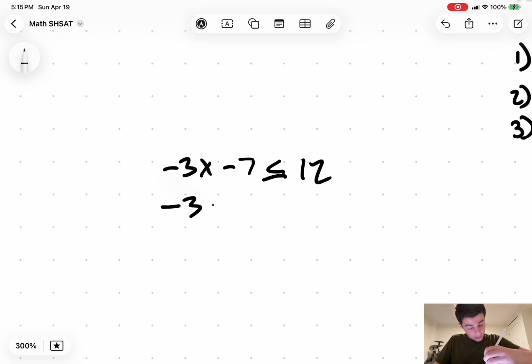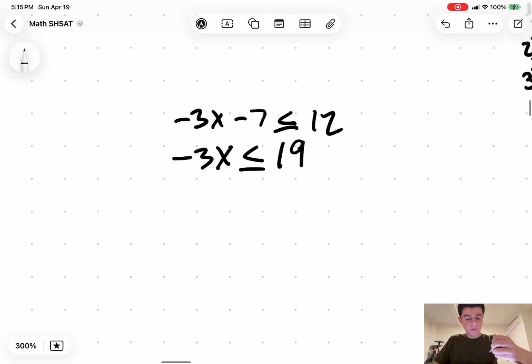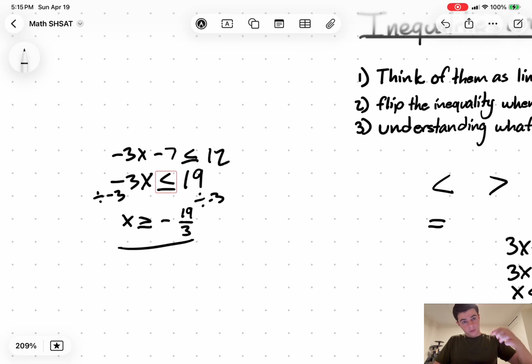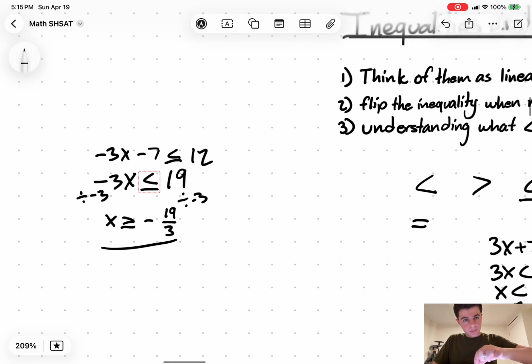We get negative 3x is less than or equal to 19. And now we're going to divide both sides by negative 3. So now we're going to get x is greater than or equal to negative 19 over 3, because when we divide by that negative, the sign flips. So that is the second difference between equations and inequalities.